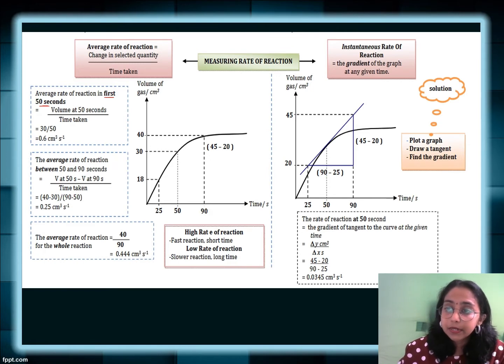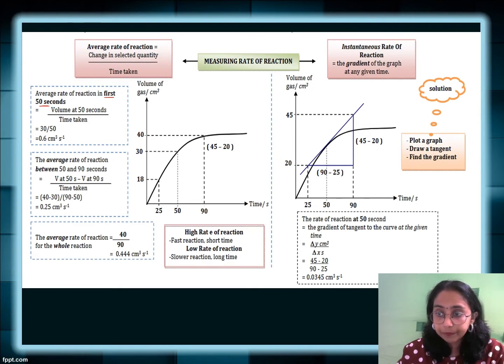Okay, so now if they have given you instantaneous, so for example, now they ask you to calculate the rate of reaction at 50 seconds. So students, what you have to do is, upon drawing the graph, bring your ruler closely to the plot at 50 seconds and draw a tangent.